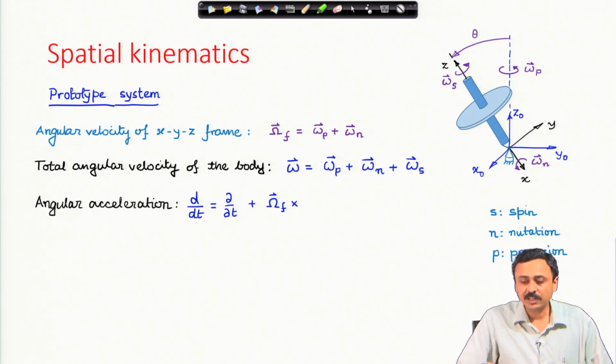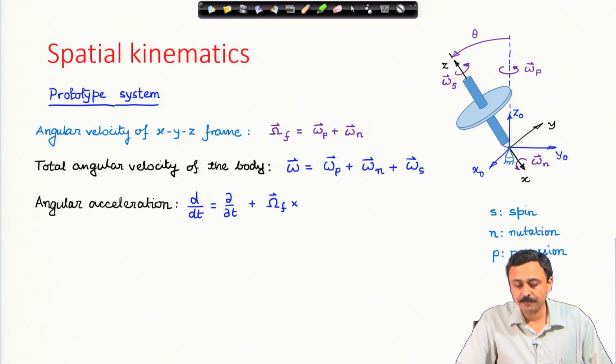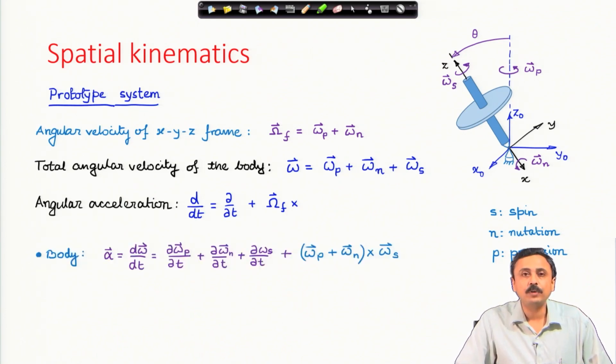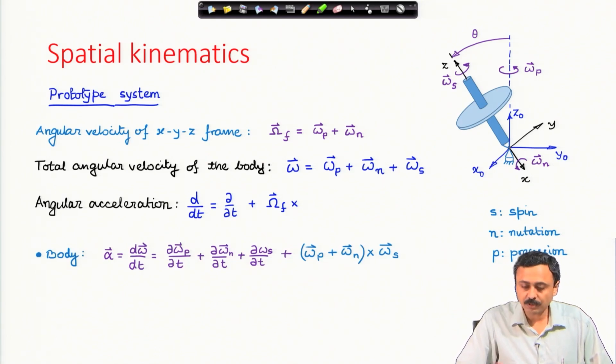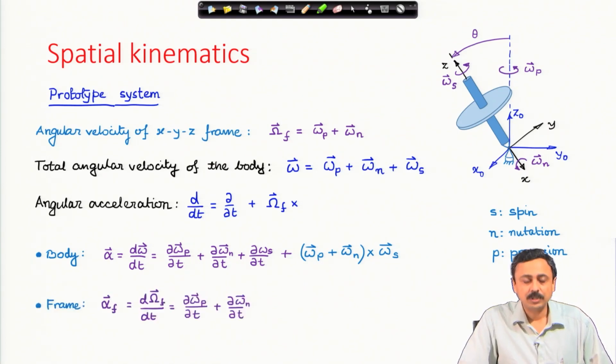Therefore, del del t is the local derivative as observed by the local observer, and because of the frame rotation we have acceleration or total rate of change of a vector with respect to time, which is given by omega frame cross, and we had used that to find out the angular acceleration of the body by derivating the angular velocity of the body, and also found the angular acceleration of the frame. Everything followed this prescription of d dt is equal to del del t plus omega f cross.